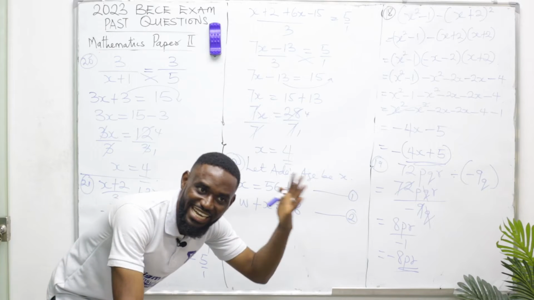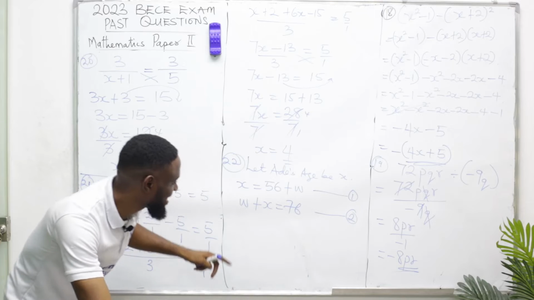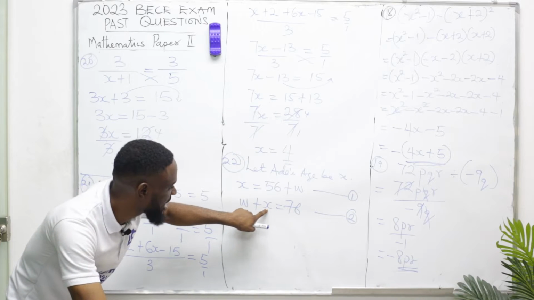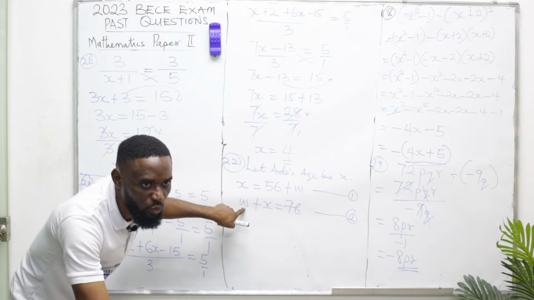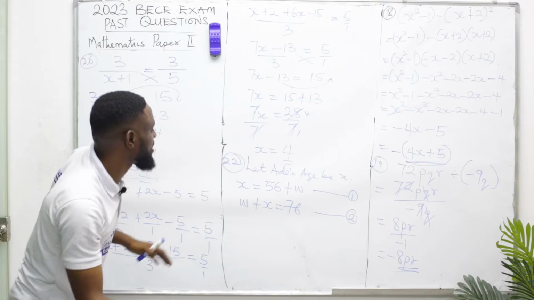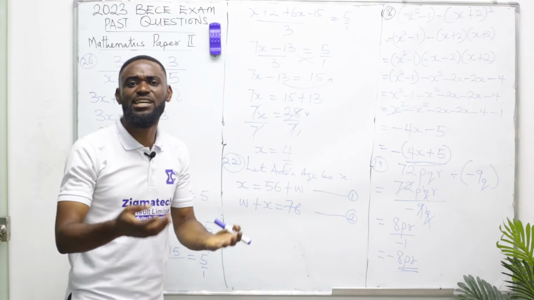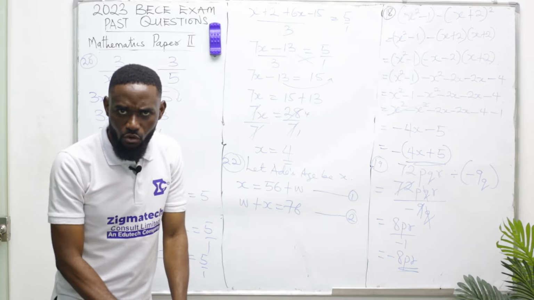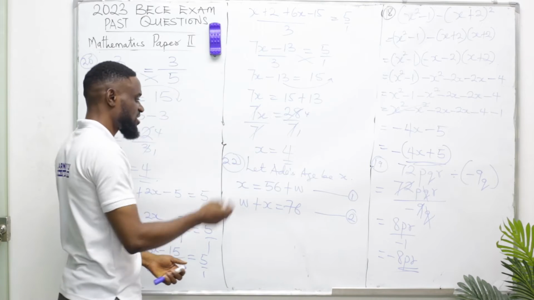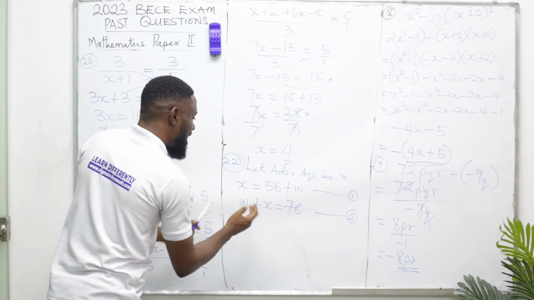The sum of Ade's age and the son's age. Ade's age is X, and the son's age is W. So when the sum of their ages is 76, we should find each of their ages. This is a simultaneous equation because there are two variables that we need to find. All right, so let's solve this simultaneously. So we can make equation 1 appear very well.